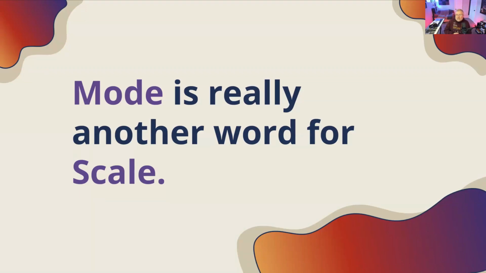When you hear someone say modes of the major scale, what they're really saying is: what are the different scales that fall within a key signature, or within a major key? We're going to talk about the key of C today because there are no sharps and no flats. It's pretty simple. It's all the white keys on the piano, right?